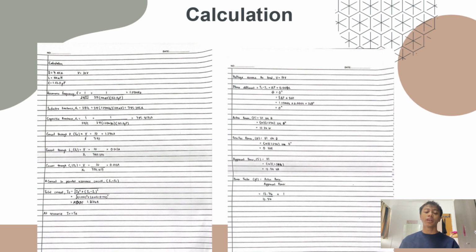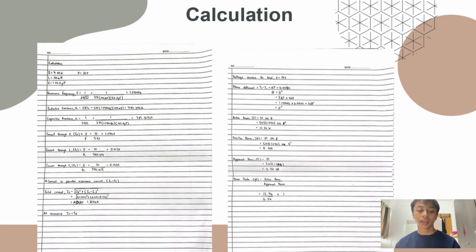After that, we want to find the currents. First we calculate the current through R, IR. We use Ohm's law, so current through R is the voltage that we have here, 10 volt. So V over R, 10 volt over 7.85 ohm, that we got 1.274 amp current through R. Then we calculate the current through L, the inductor. IL equal to V over XL. So we got 0.013 ampere.